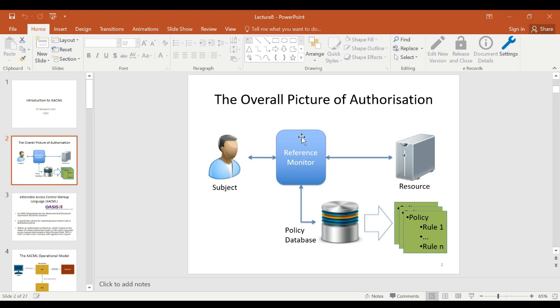The reference monitor makes use of the concept of a policy, and policies are usually stored in what's known as a policy database, where they can be retrieved easily by the reference monitor. Of course, as we will see today, the policy itself is nothing more than a collection of the rules that you want to write down so that you can protect your resources.